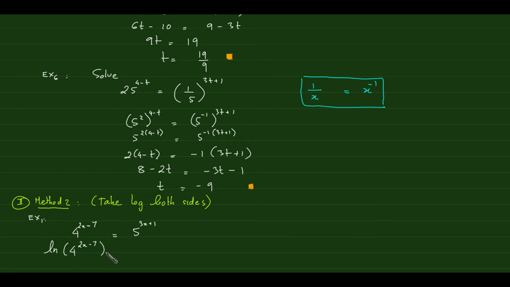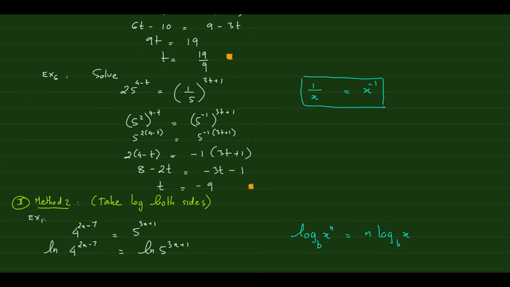So I take natural log here. And when I take natural log both sides, we're gonna use one of the log properties we already learned. I don't know if you remember: log base b of x to the n equals n log base b of x. So we're gonna use this.